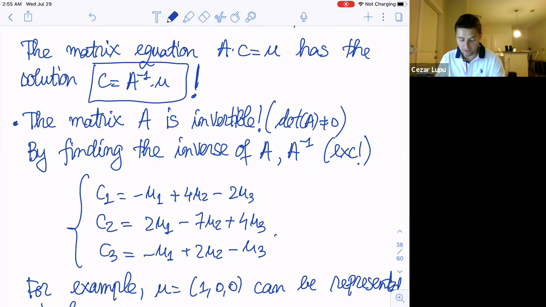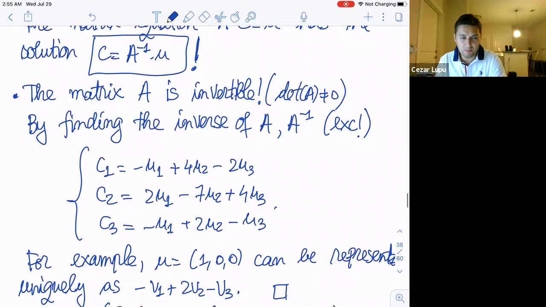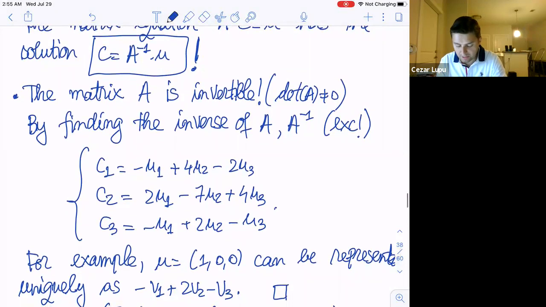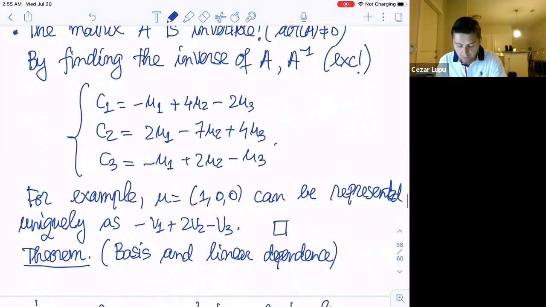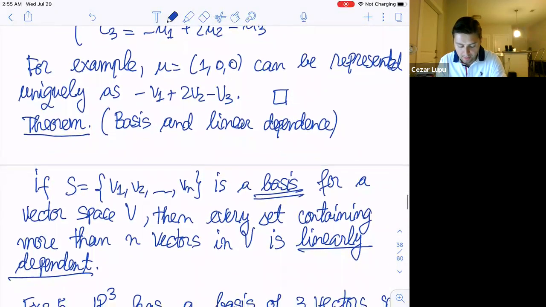Well, the computations have been done already. For example, if we take u to be (1, 0, 0), this can be represented uniquely as negative v1 plus 2 v2 minus v3. Okay, and that's it.